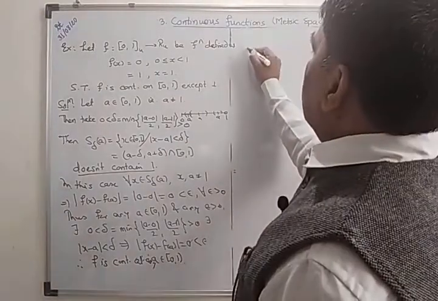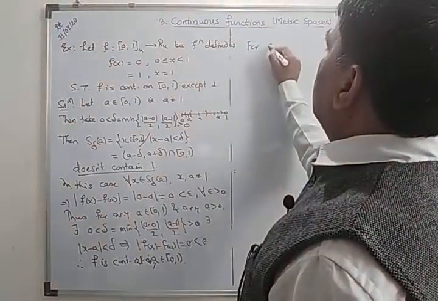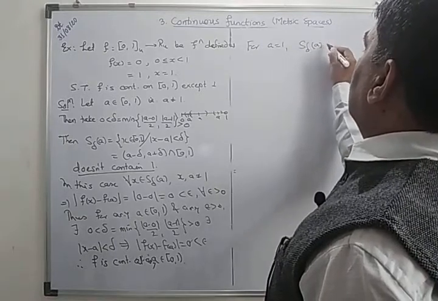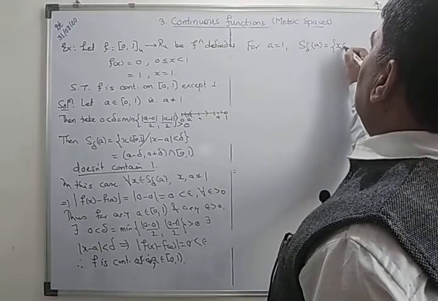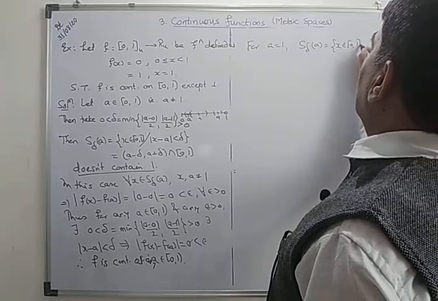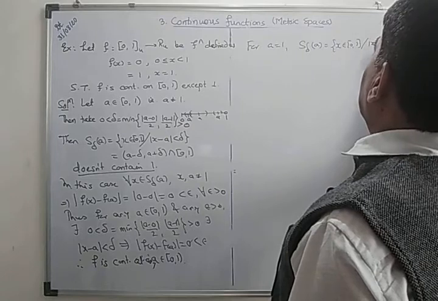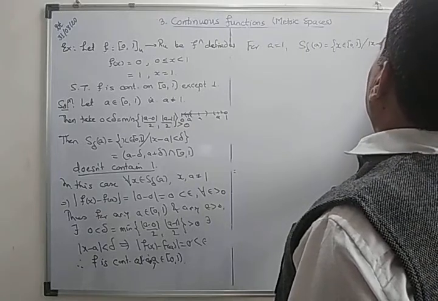For a is equal to 1, S delta A is equal to x belongs to 0, 1 such that mod of x minus a less than delta.